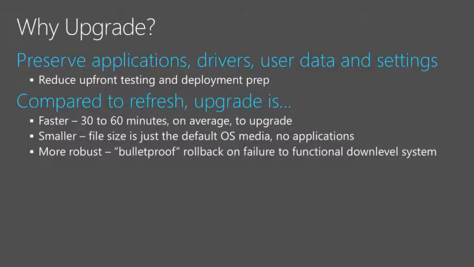Someone has to go out and lay hands on it in order to fix it. This is by far my favorite reason for doing this: there's zero ADK. The ADK isn't involved at all. There's no USMT, there's no Windows PE, there's no DISM. Those are great, powerful tools for other purposes, but in the context of upgrade, we don't need those tools.